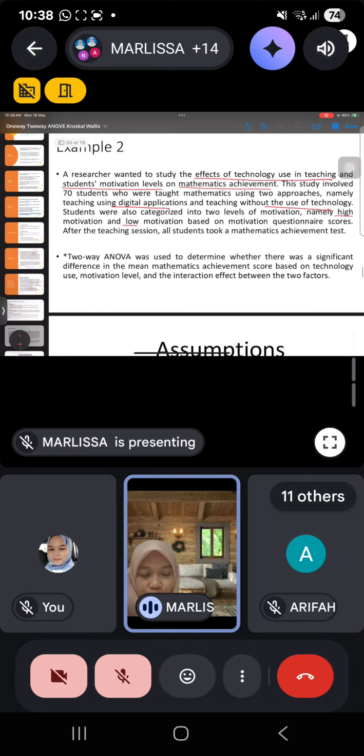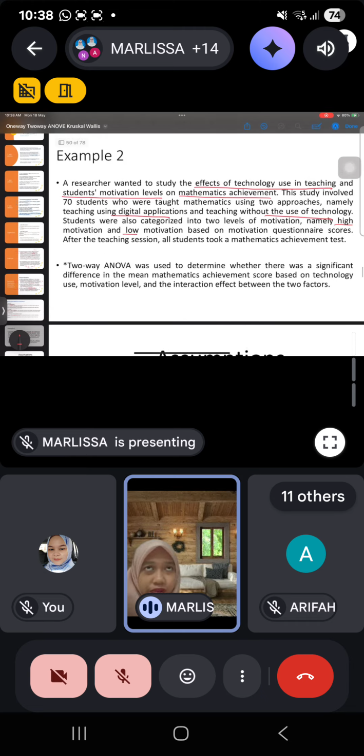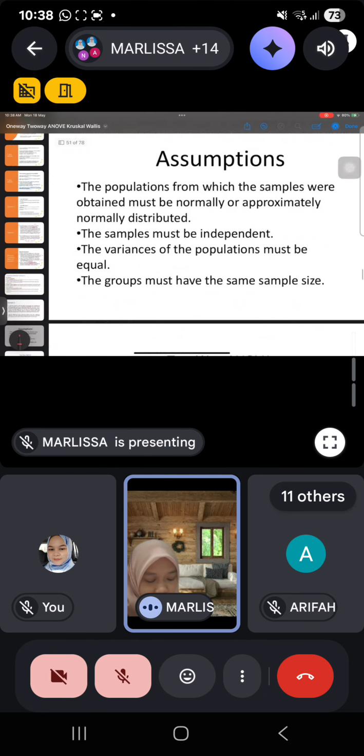So this is how you identify them. For you to be able to write a precise research question, if it was me, I will first write what the IV is and what the groups are, and then what the DV is, so that it will be easier for me to write the research question later.